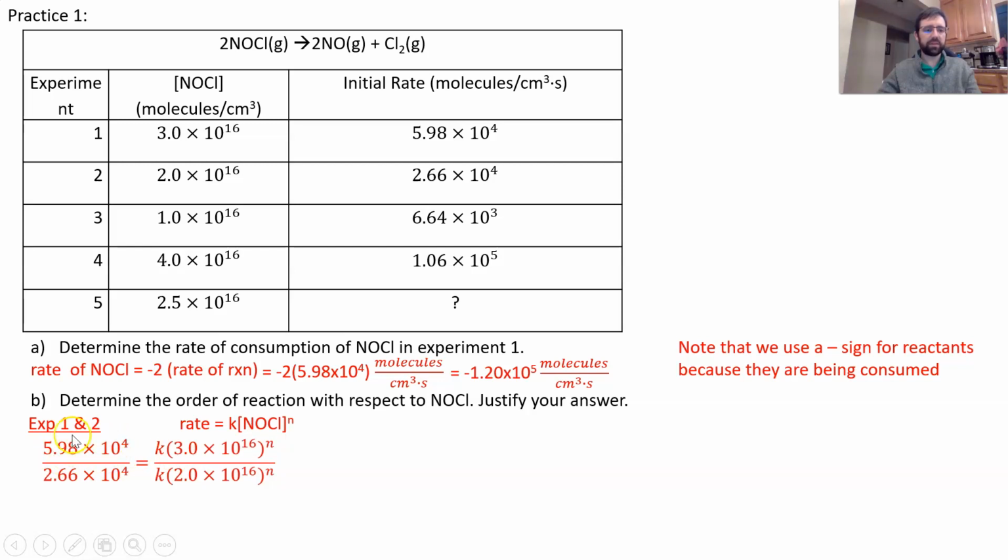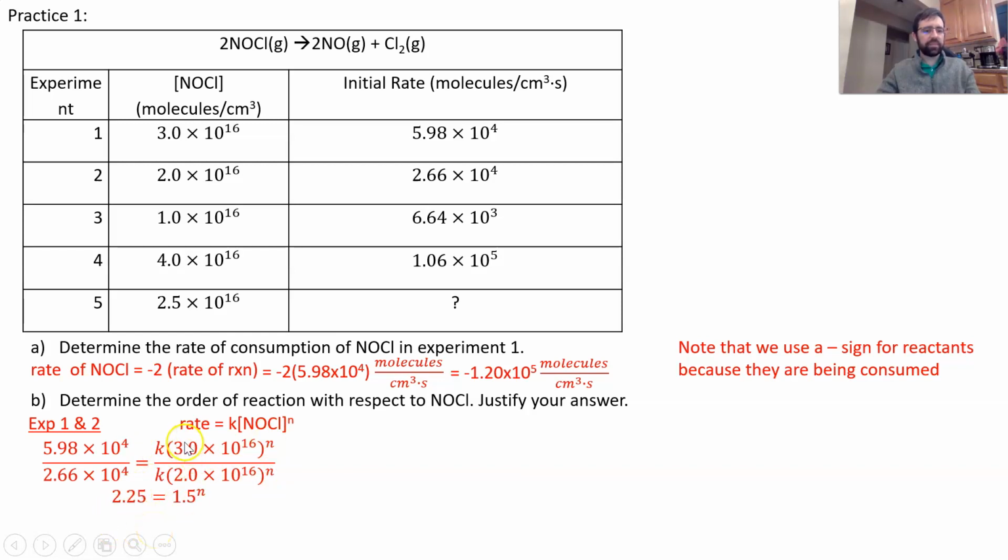So my rate, 5.9 times 10 to the 4th over 2.66 times 10 to the 4th equals K times the concentration 3.0 times 10 to the 16th over 2.0 times 10 to the 16th, multiplied by K and raised to the n power. We can't cancel out that exponent, by the way, but we can cancel out the K's.